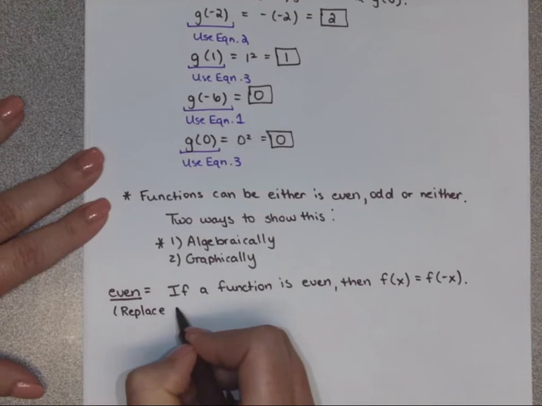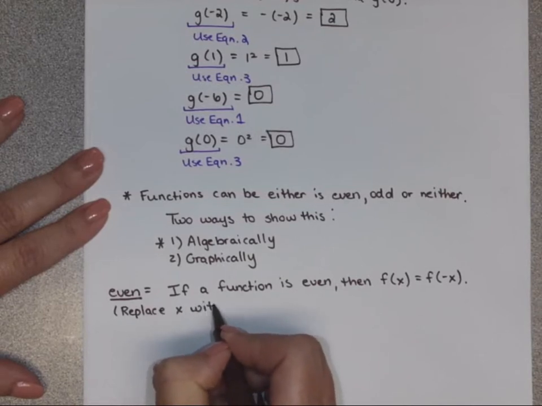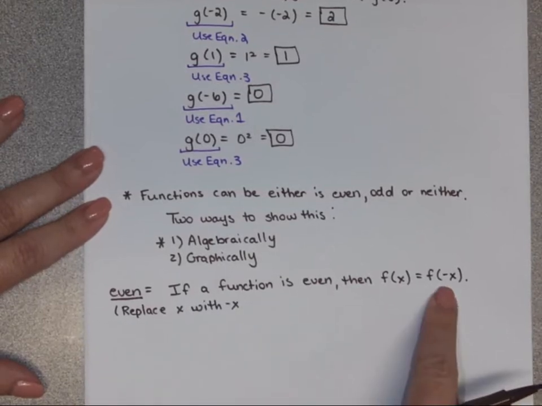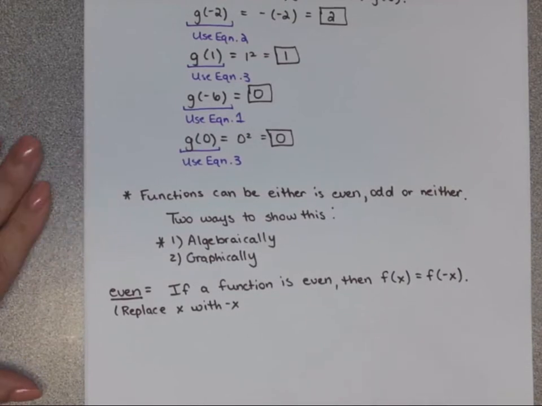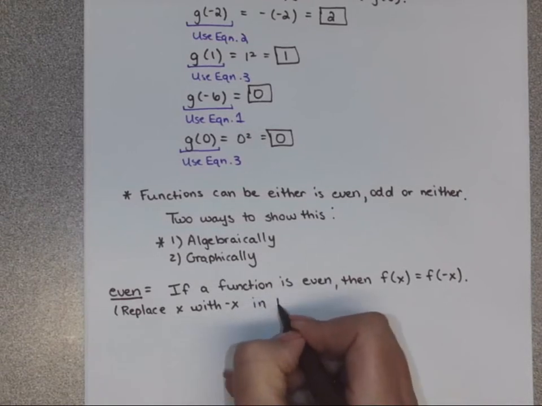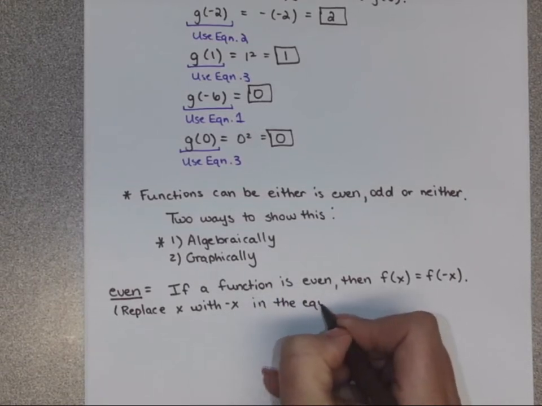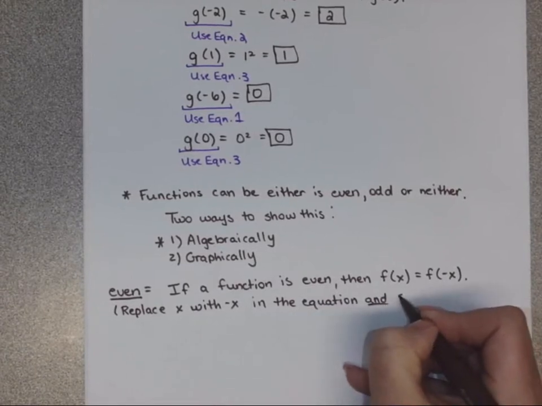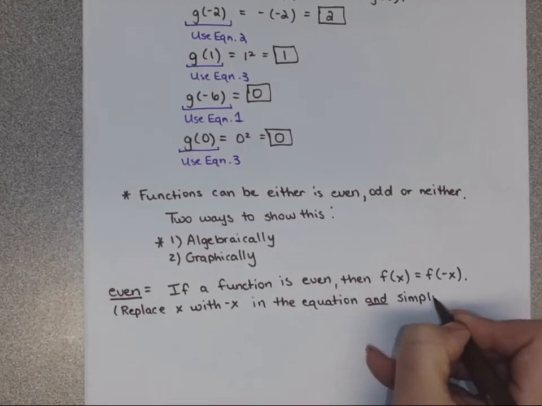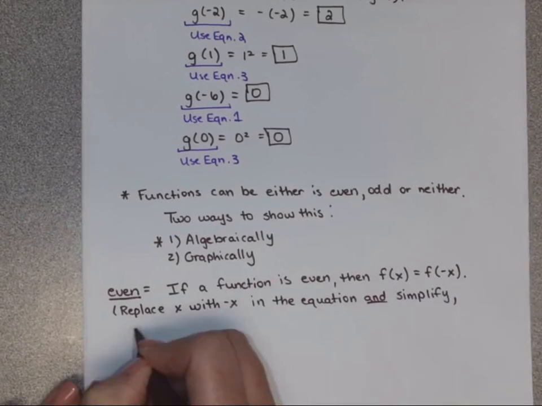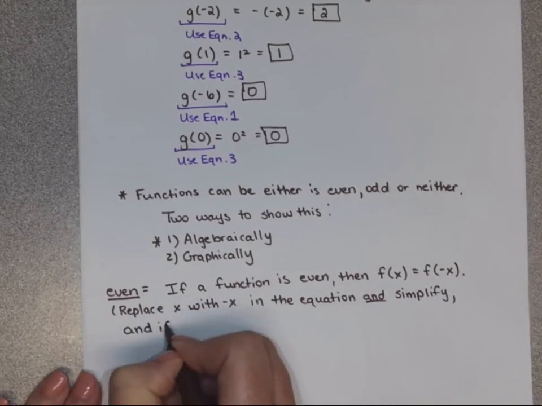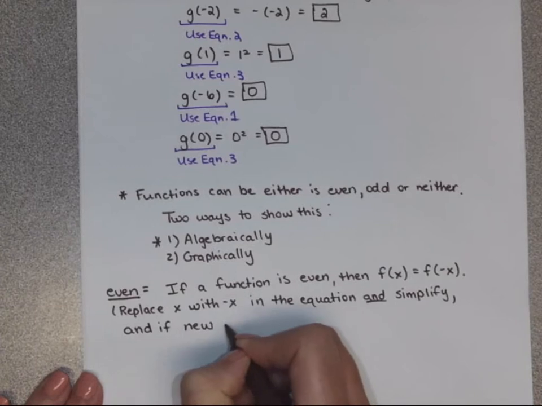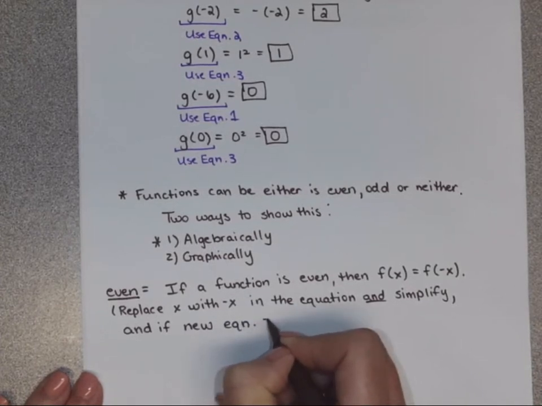In other words, we're going to replace x with -x. By the way, that's what f of negative x means, right? It's telling you to plug in negative x for x. So if you replace x with negative x in the equation, and then you simplify it, and if the new equation equals the old equation, then it's even.